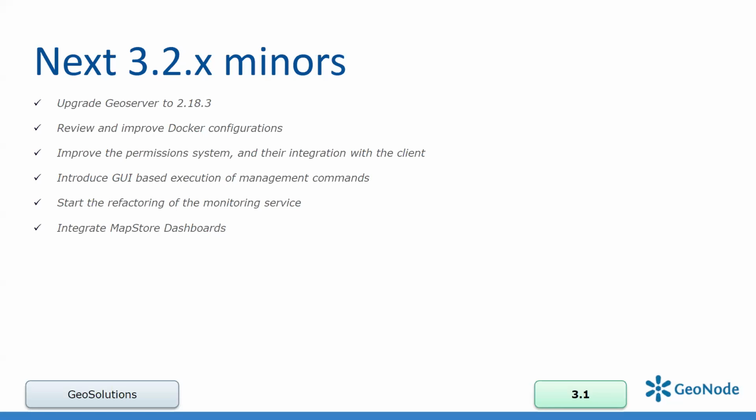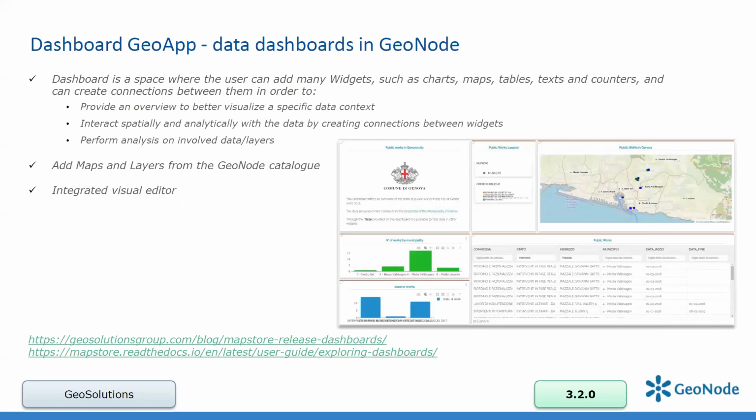And then another addition that is more geared toward end users is the introduction of MapStore dashboards. We introduced the GeoStory recently, and now the next step is dashboards. Dashboards will be integrated like a GeoApp, as we have done for GeoStories, and this is the reason for having a generic GeoApp concept, so we are able to install additional applications on top of the existing resources.